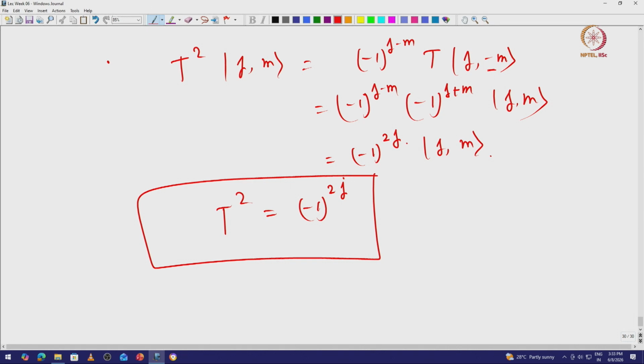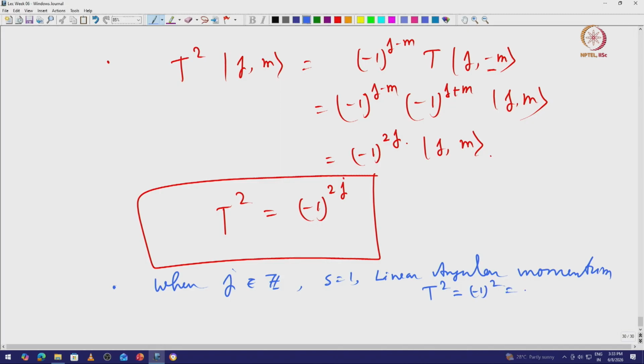So, when j is integer, such as spin 1 or linear angular momentum, then we get T square equal to minus 1 square equal to plus 1.